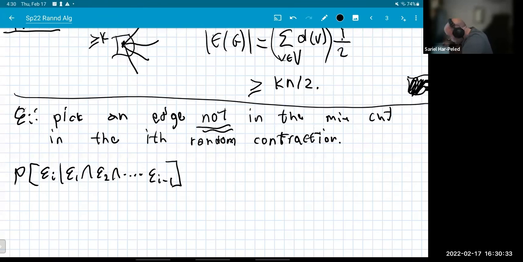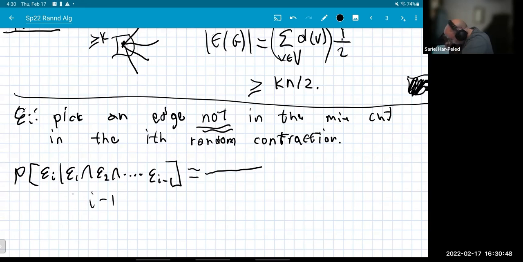Okay, so this probability, let's think about it. How many vertices does the graph have? We performed i-1 contractions, and every contraction reduces the size of the graph by 1.